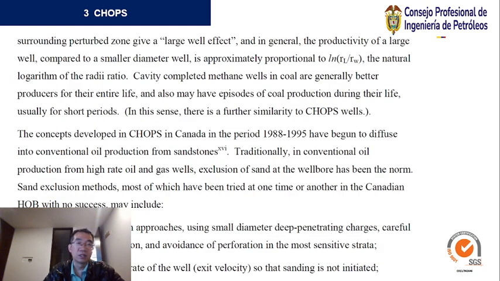The surrounding perturbed zone gives a large well effect, and in general, the productivity of a large well compared to a similar diameter well is approximately proportional to the natural logarithm of the radial ratio.